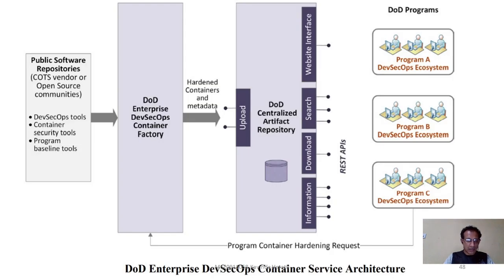Here is the enterprise DevSecOps container service architecture. The container-wise architecture is mentioned here in DevSecOps. This architecture may also have some impact. It's easy to understand, not too complicated.